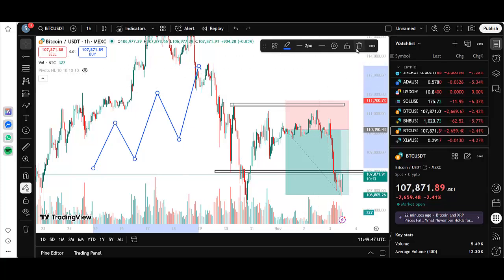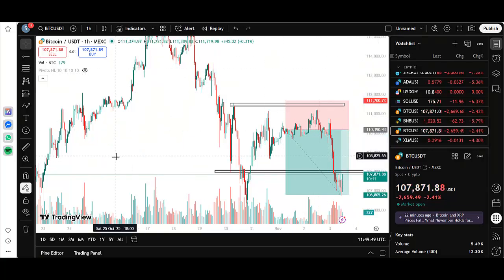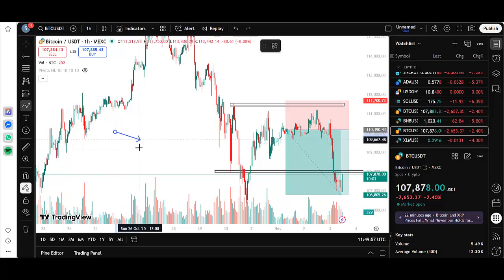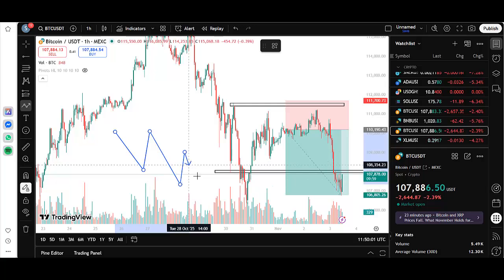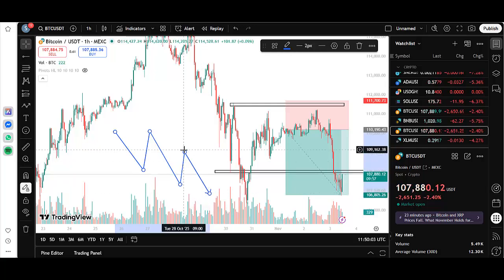Now, the reason why you need to take trades this way is this: the market is coming down, right? So yes, you can take a trade and place your stop loss here, because this is a protected high, and still you can be taken out.